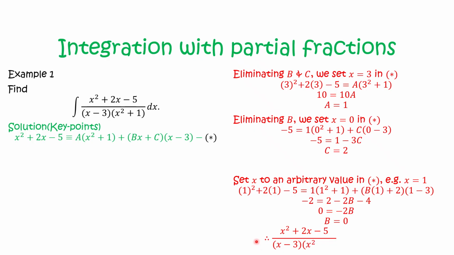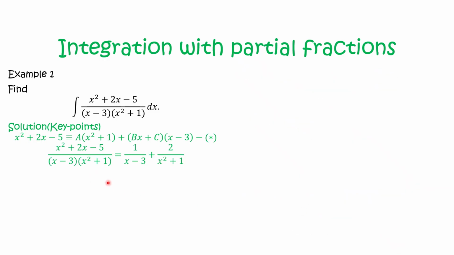Great, then this implies that our fraction that was inside the integral is equivalent to 1 over x minus 3 plus 2 over x squared plus 1. As we continue then in the integration step, we are going to separate these fractions and integrate them.